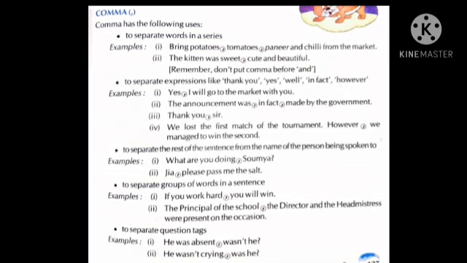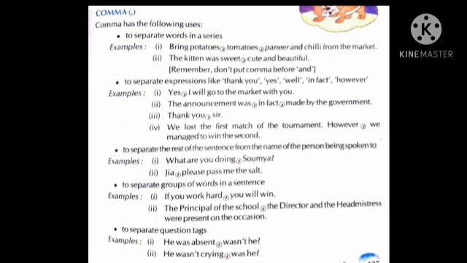So there are so many rules for the comma. First is to separate words in a series. Second is to separate expressions like thank you. After thank you, yes, well, in fact, however, we use a comma.